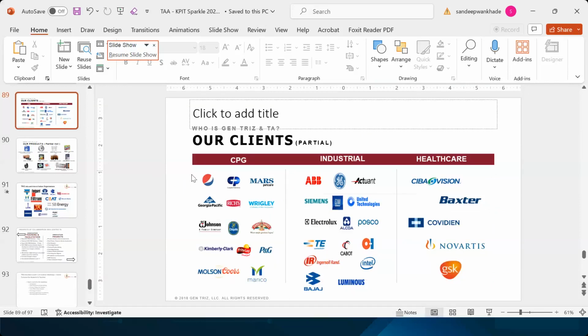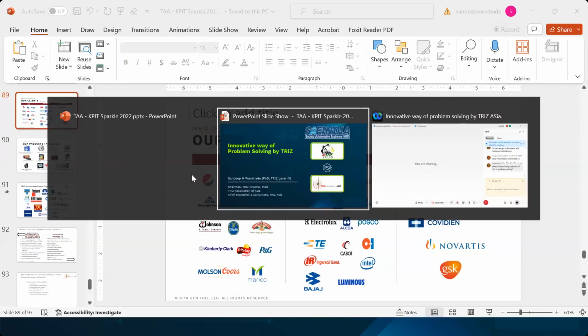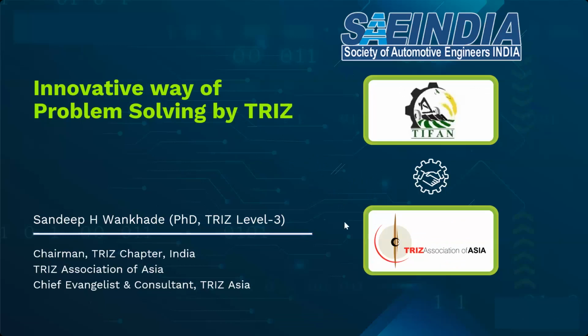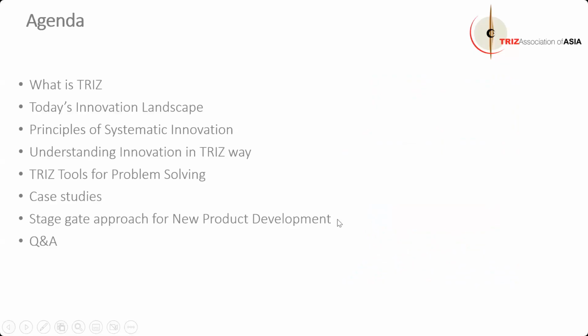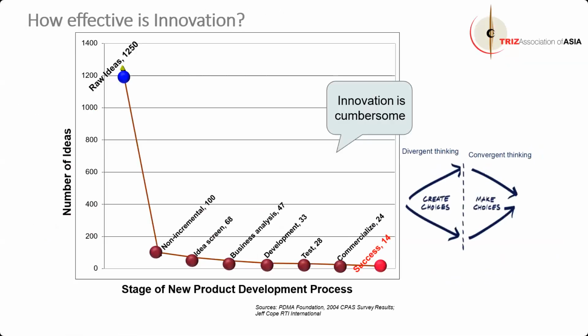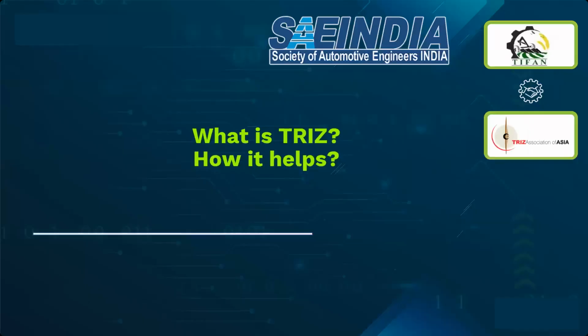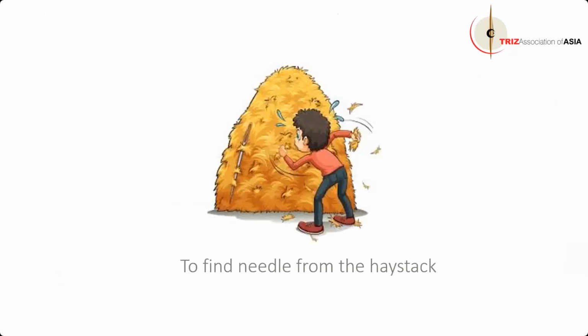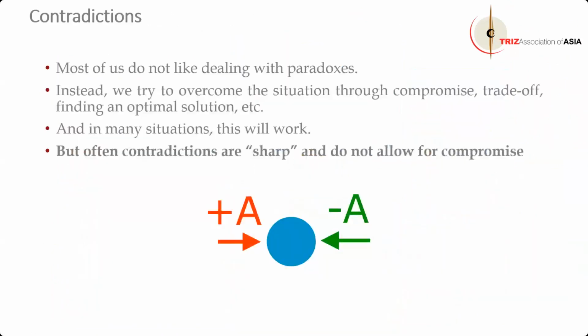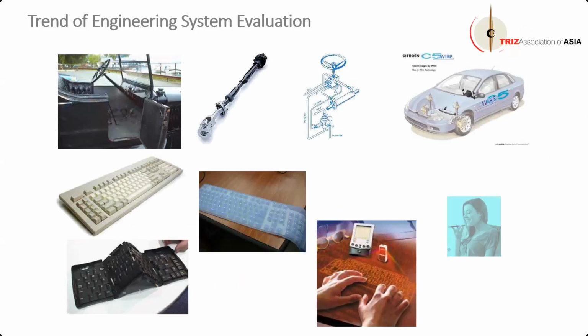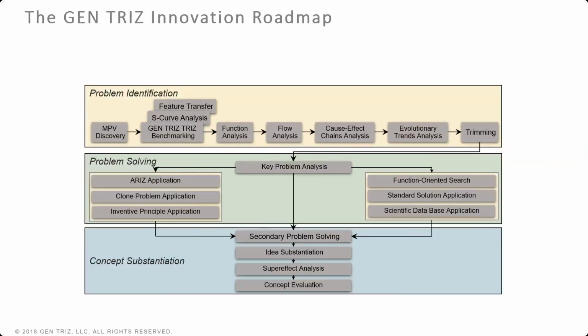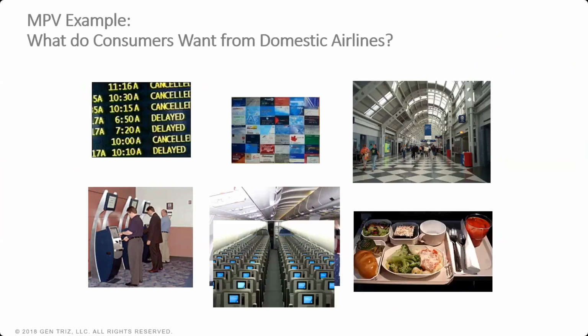So I'll have to unshare it and share, I think. I think when you started sharing, you started sharing the presentation, so it will not show any other. You can see it sliding ahead.